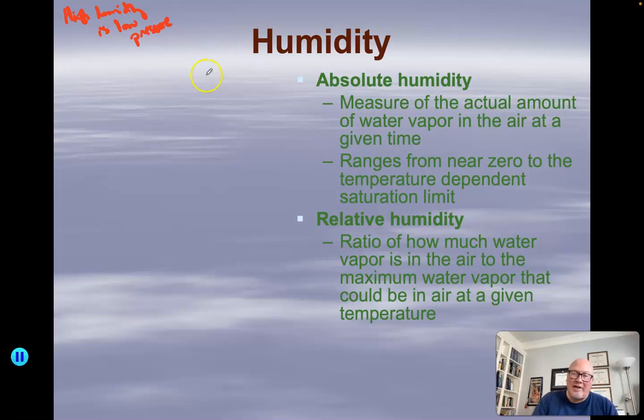We could actually do a calculation to show that if you wanted to, because if you've got more water vapor in your mixture of nitrogen and oxygen molecules, it takes away some of the nitrogen and oxygen molecules because you've taken up their space. And water has less mass than nitrogen and oxygen, and so you end up with less air pressure. So high humidity equals low air pressure.